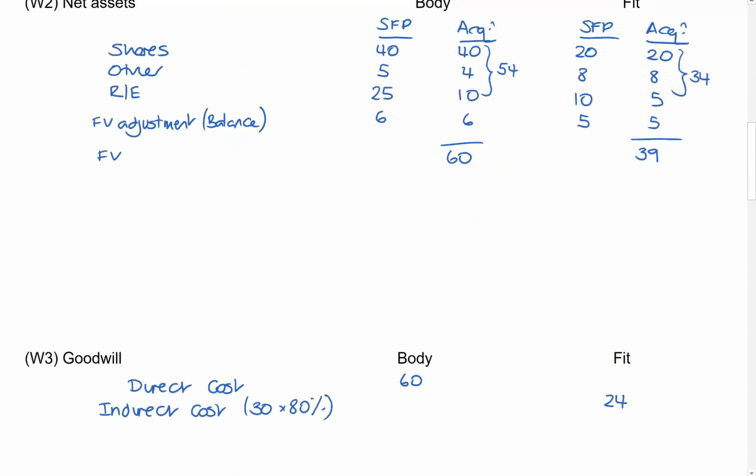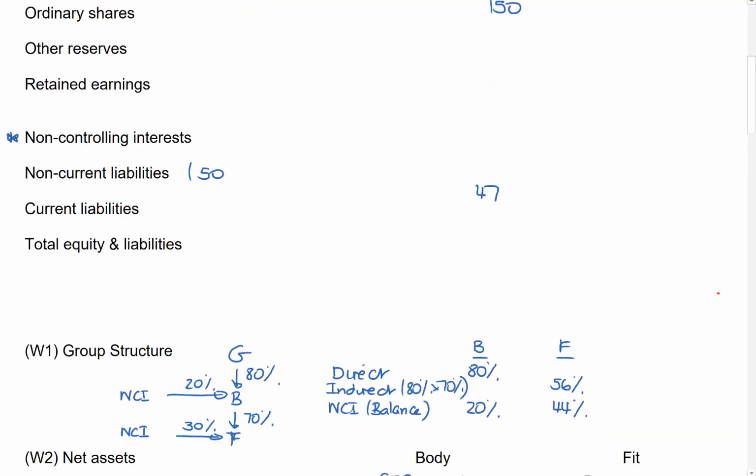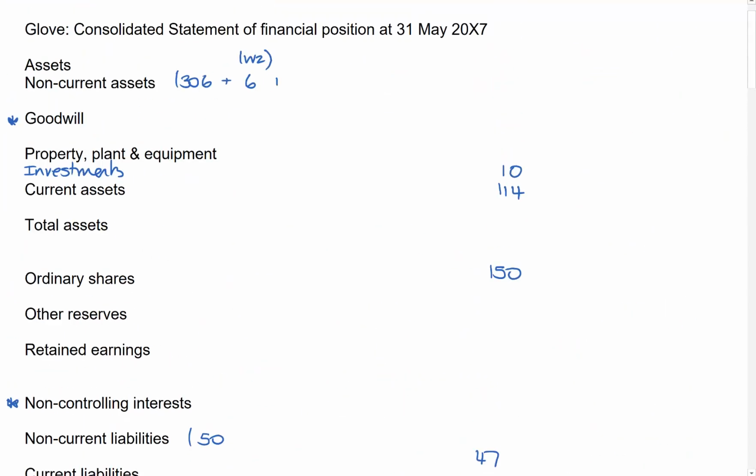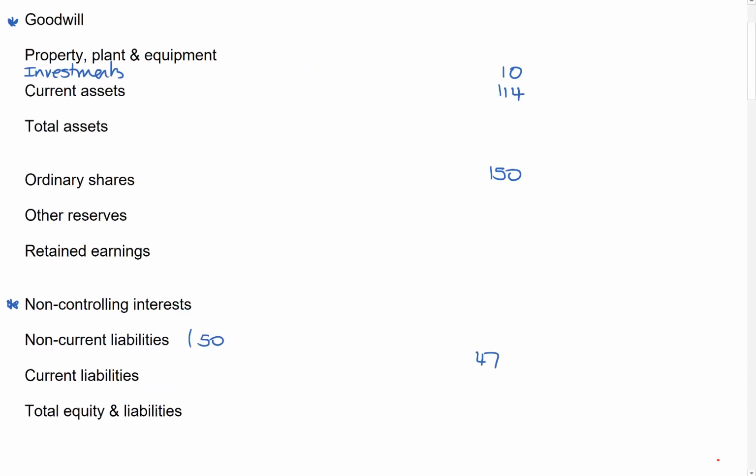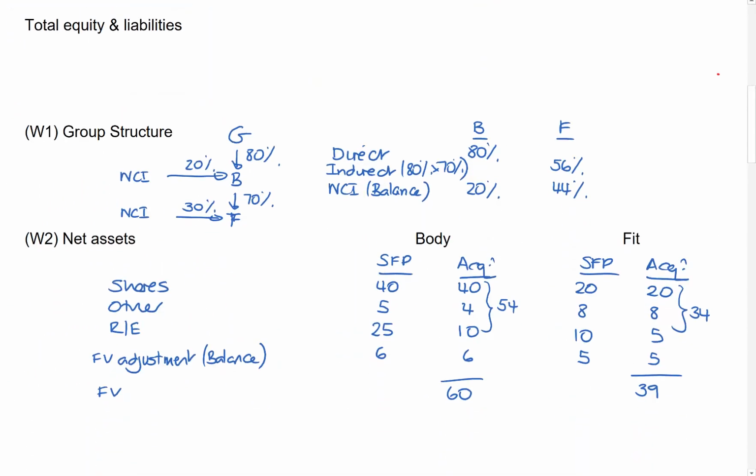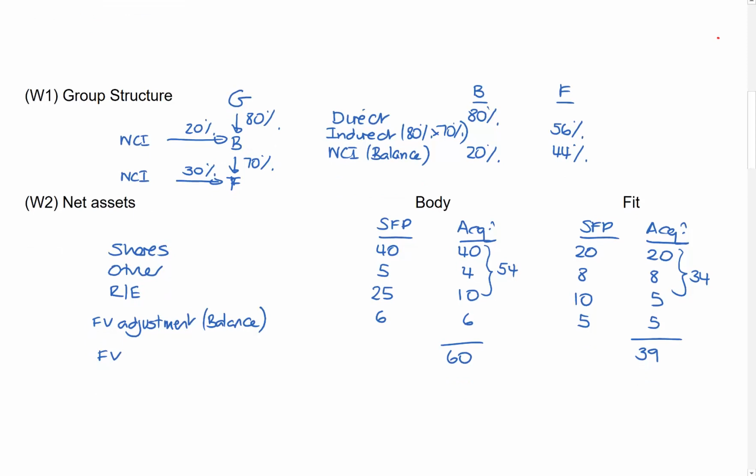So my fair value adjustment in respect of Fit is 5 million. Increase equity by 5. I must therefore also increase assets by 5. And we're told that that adjustment is in respect of land. So I'm going to increase land like so. Oh, sorry, retained earnings was 6 at the date of acquisition. Yes, sir, I've copied that figure wrong.